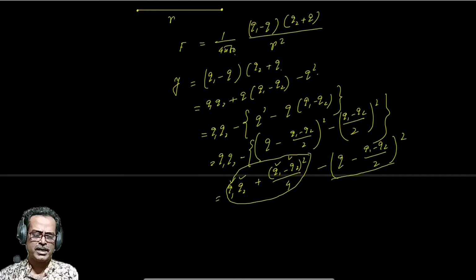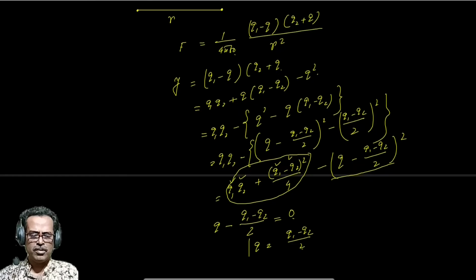We want the maximum value, and we know that the minimum value of a square is 0. So q minus (q1 minus q2) by 2 should be 0 to maximize the force. So q is equal to (q1 minus q2) by 2. So we have to transfer (q1 minus q2) by 2 charge.